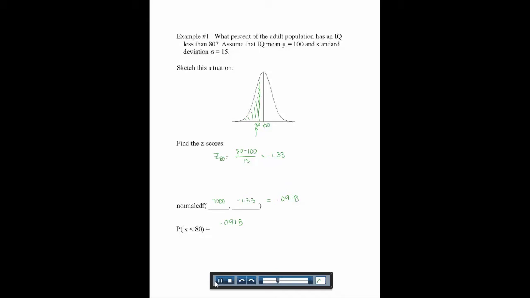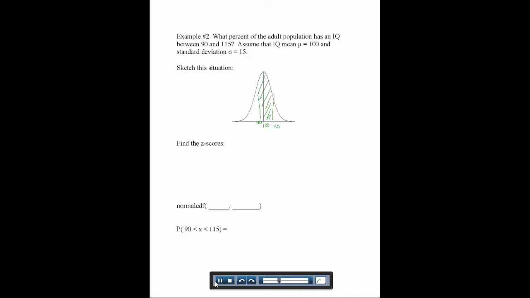Now the same situation, we're talking about the adult population. We want to know the probability that if we choose a person, their IQ is between 90 and 115. The mean is still 100, and the standard deviation is 15. Now we have two boundary values, and we'll find the z-scores of both.